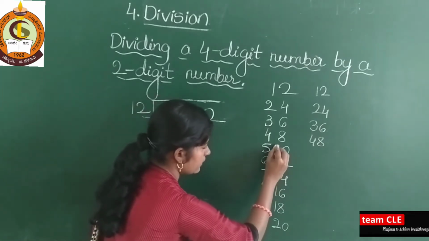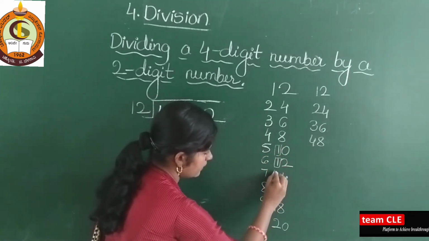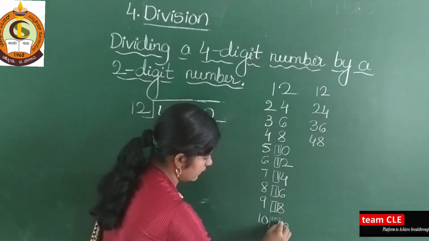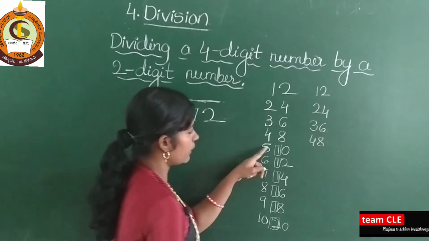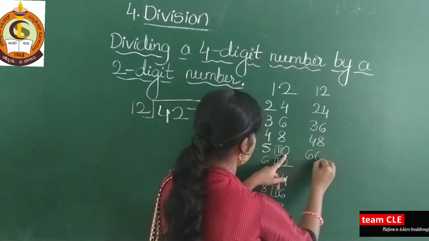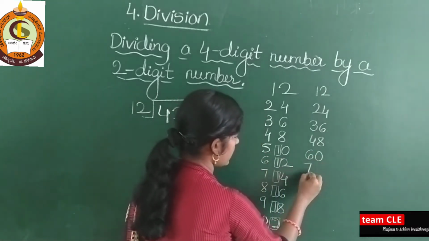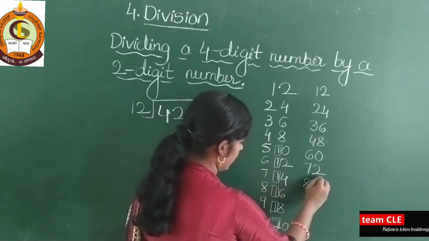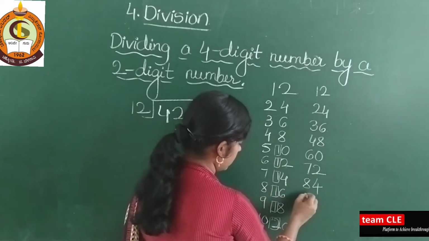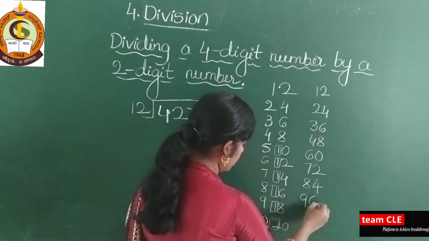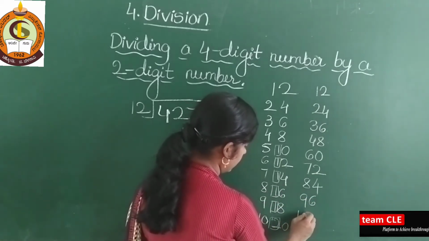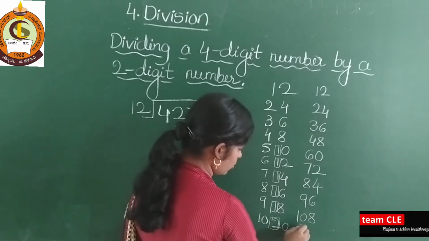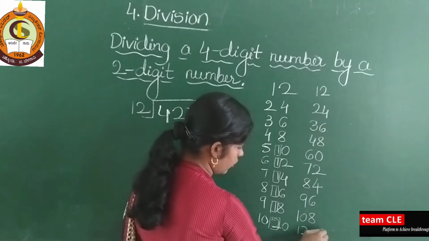Right here 5 plus 1 is 6 and this 0 as it is. 6 plus 1 is 7 and this 2 as it is. 7 plus 1 is 8 and right here 4. 8 plus 1 is 9 and right here 6. 9 plus 1 is 10 and here you write 8. 10 plus 2 is 12 and this 0 as it is.